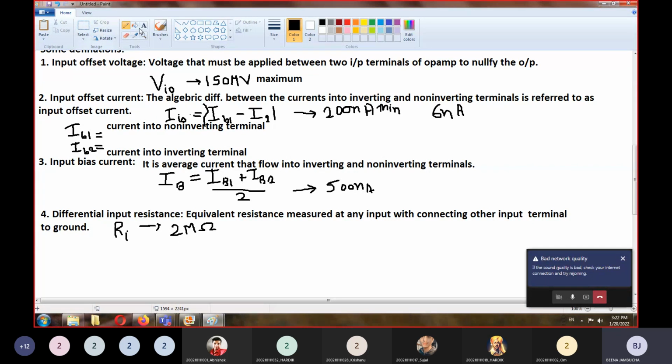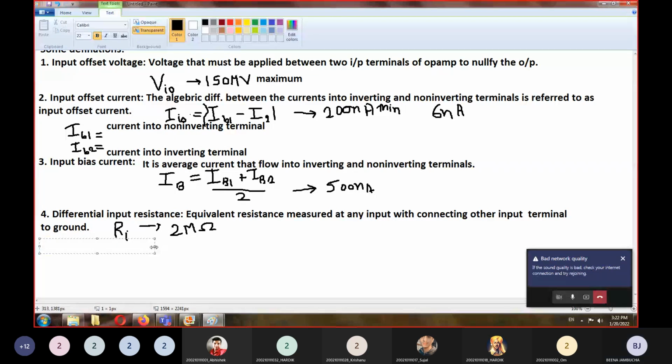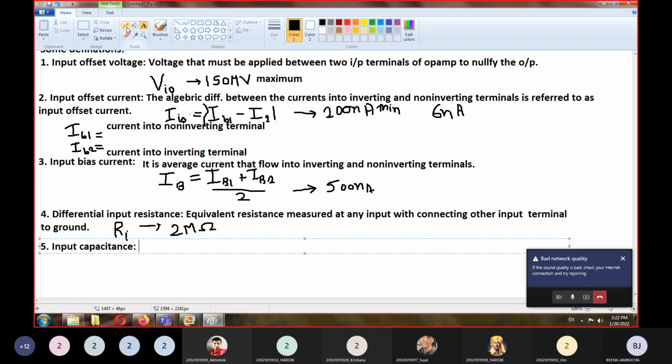The next terminology, fifth, is input capacitance, and it is denoted as capital C suffix I. Let's first note down the definition.